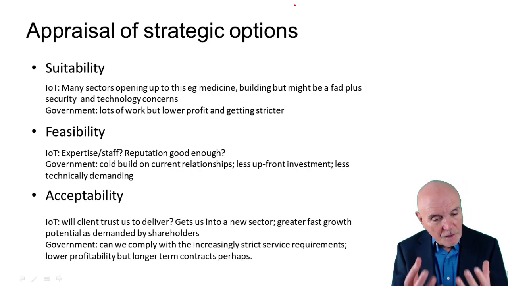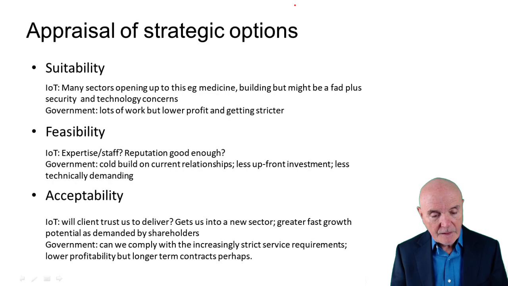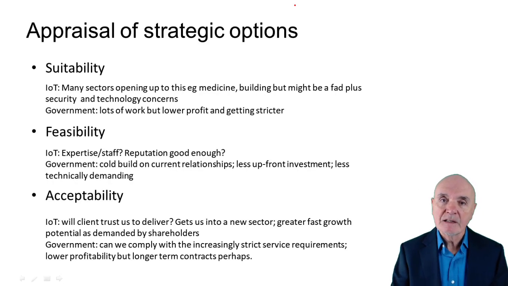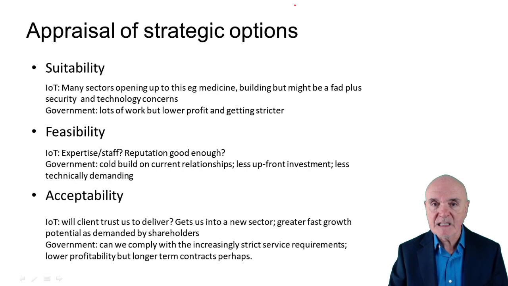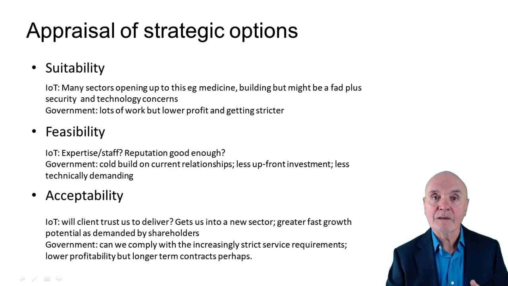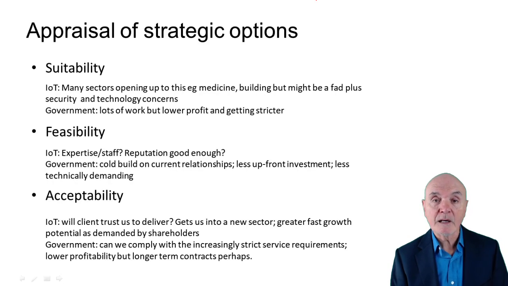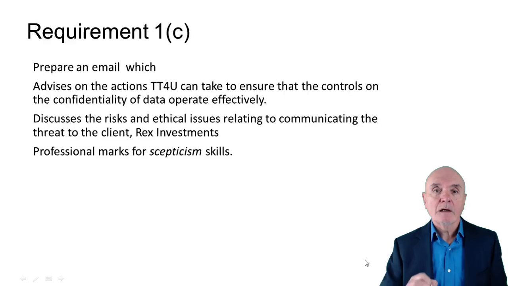And again, I think using this little model, not even saying I'm going to analyze this using the framework, suitability, feasibility, acceptability, just do it. It's not something which requires any kind of explanation. The examiner will know exactly what you're talking about. It's a ready-made, neat, good format.